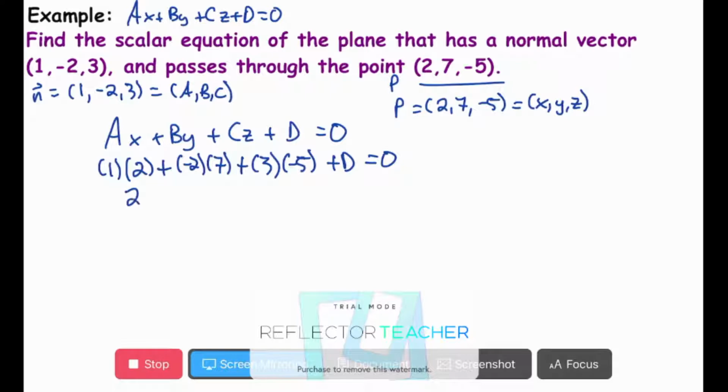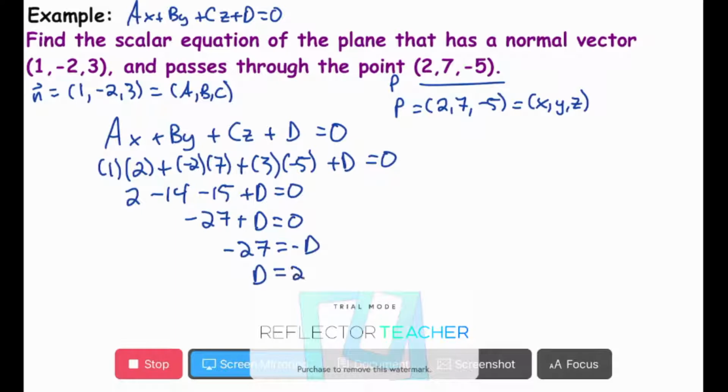So we're going to have 2 minus 14 minus 15 plus d equals 0. And we're going to have minus 27 equals d. I'm skipping a few steps for the sake of sanity. Actually, sorry, that's wrong. This is why you shouldn't skip steps. Negative 27 minus d equals 0. Sorry, plus d equals 0. So negative 27 equals negative d, or d equals 27.